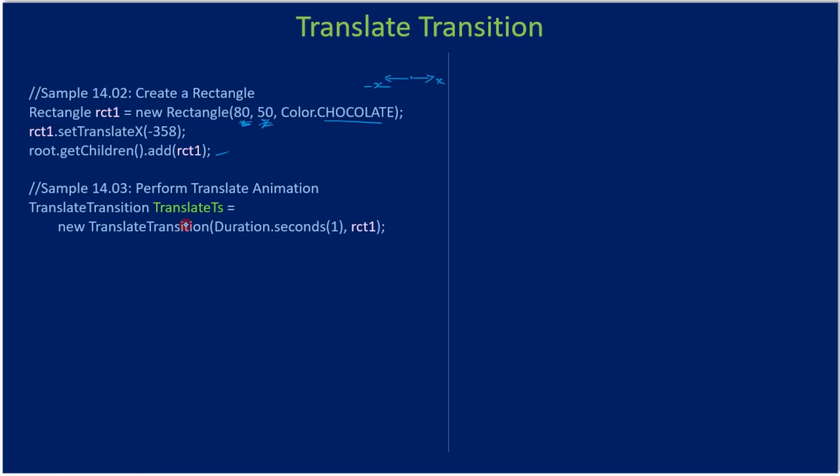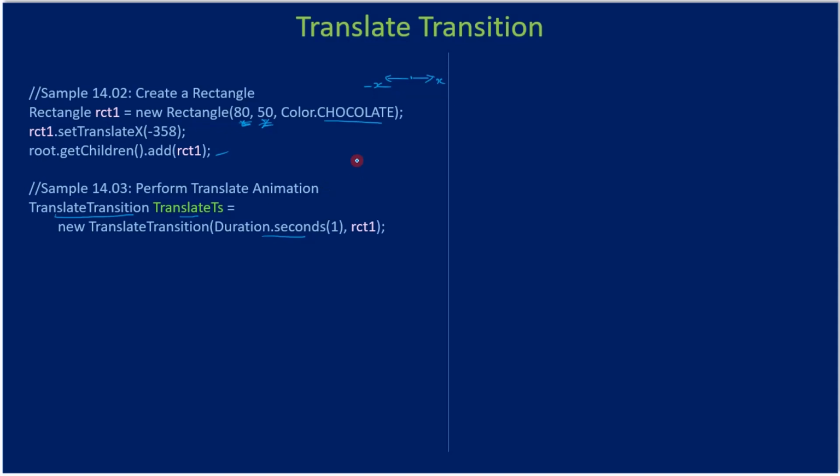Next, so this is not time frame based animation. Here we are using the specialized class TranslateTransition. So here we created the instance TS and the transition takes place 1 second.